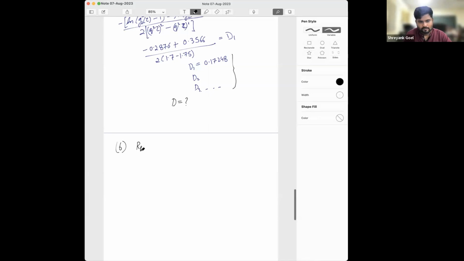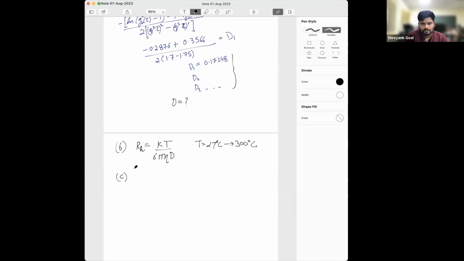That is kT by 6 pi eta D. Okay, so temperature is 27 degrees centigrade as given. Make sure that it should be in Kelvin, so that is 300 Kelvin.